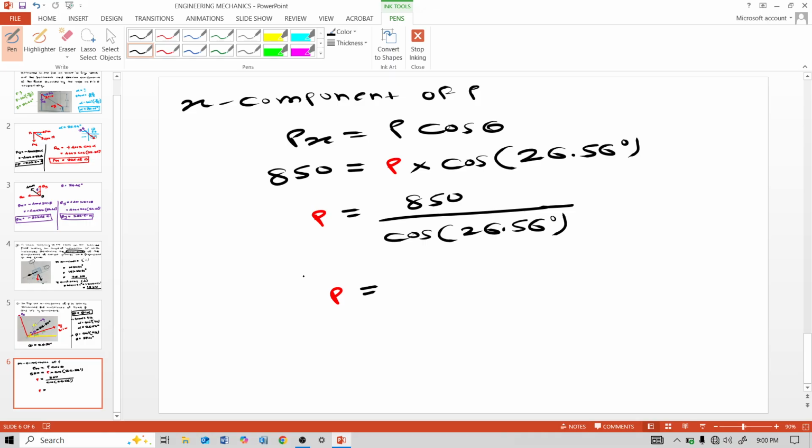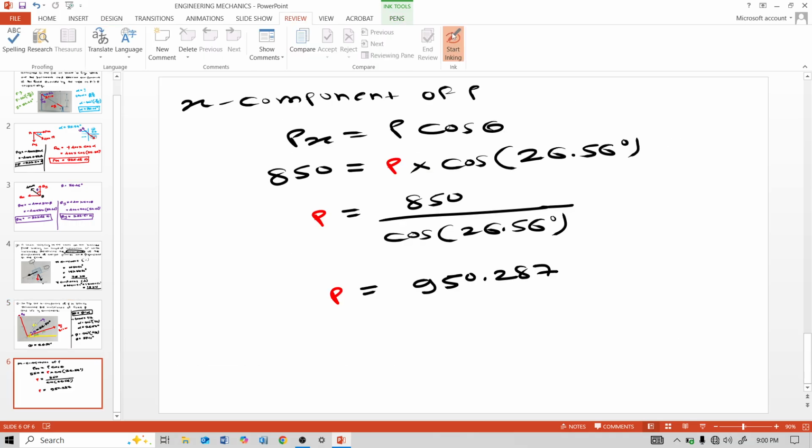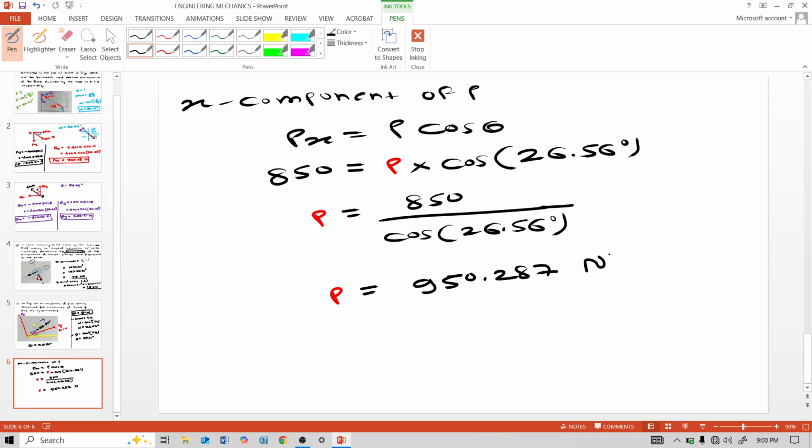It is 950.287. And for the unit, this Px is in Newton, so this will be in Newton. So our P is 950.287 Newton.